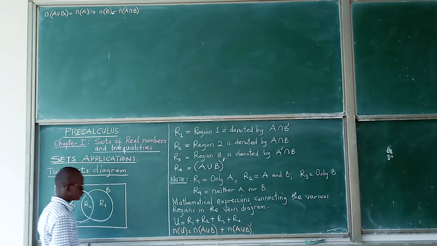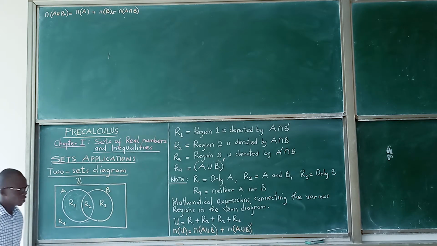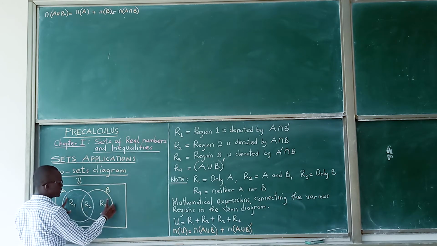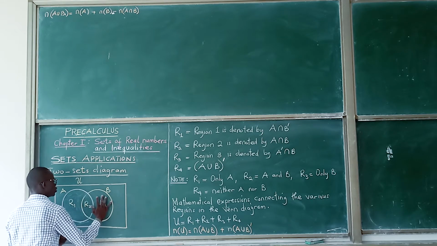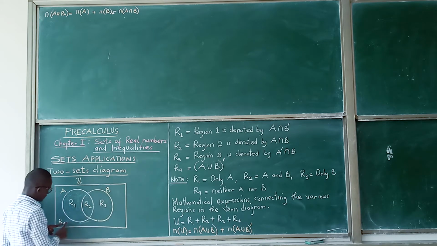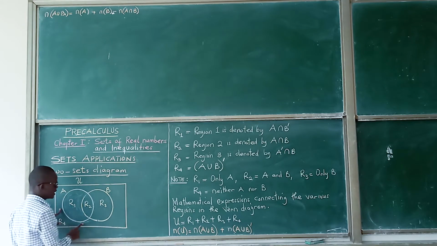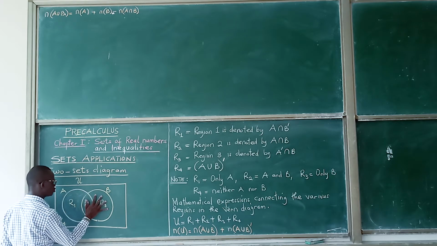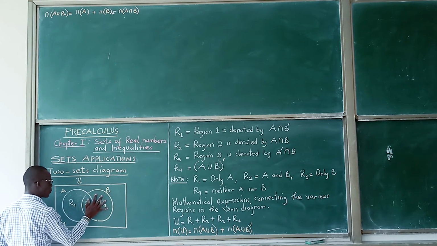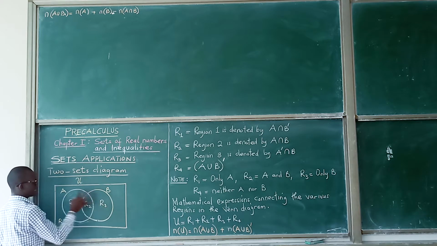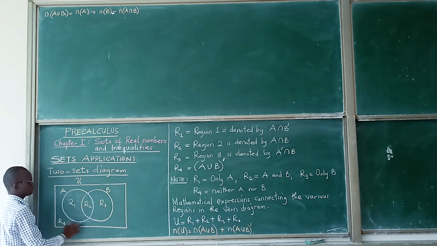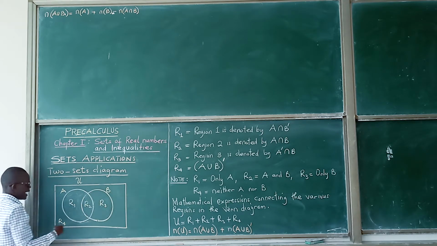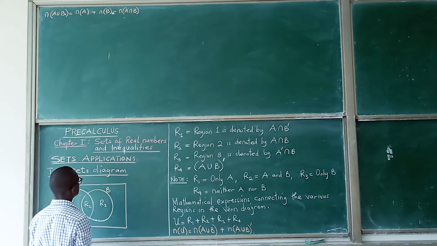The number of elements in U comprises the number of A union B, when you put A and B together, which includes these two circles, plus the number of A union B all prime. A union B all prime are all of those elements that are outside of the circles. When you add those within the circles and those outside the circles together, it gives you the universal set.